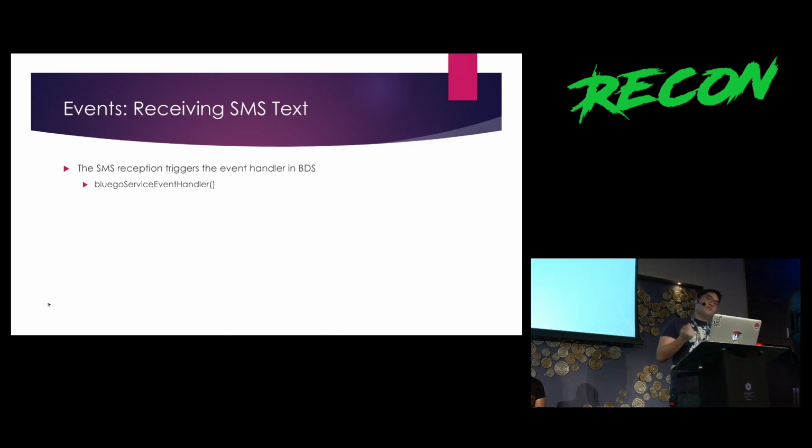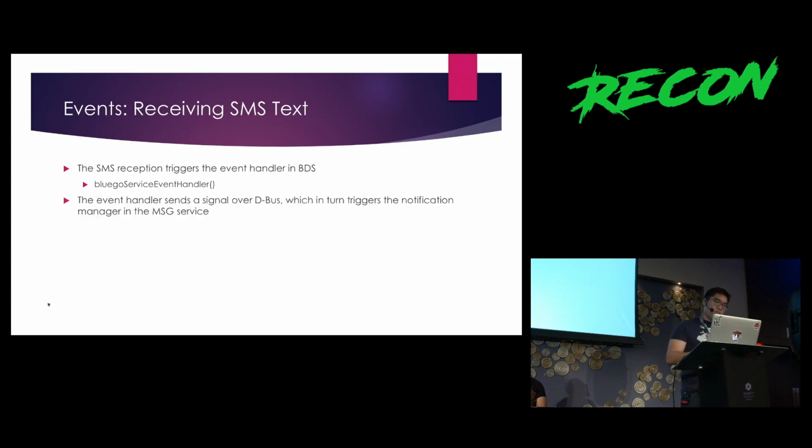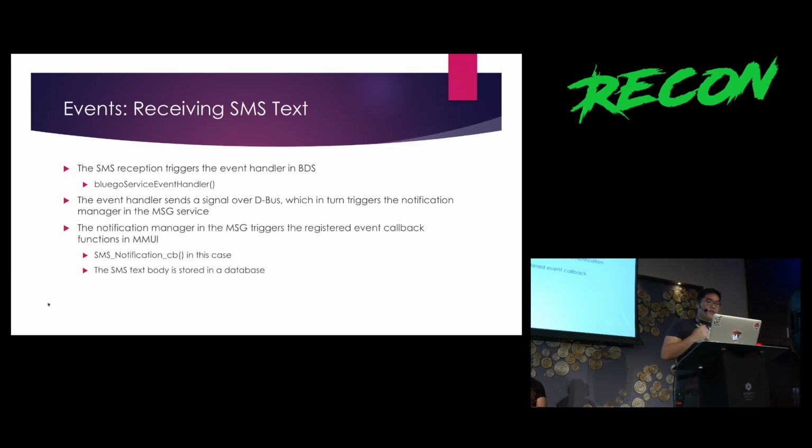So here's what happens when the infotainment receives a message. When the Bluetooth receives the message from the paired phone, the service manager kicks in, and then you send a signal over D-Bus, which triggers the notification manager in the message service. The notification manager, in turn, triggers the callback to notify the backend GUI that there's an event happening.